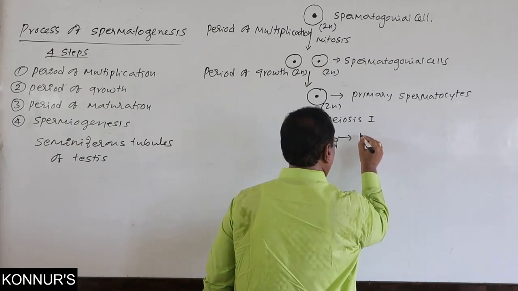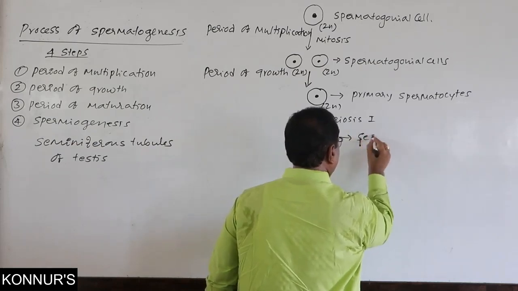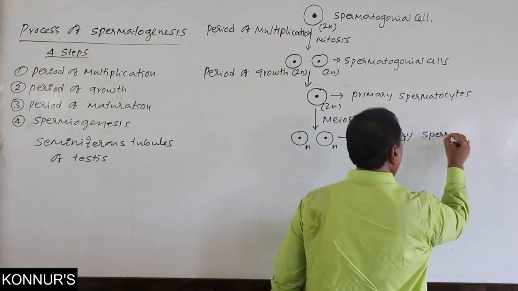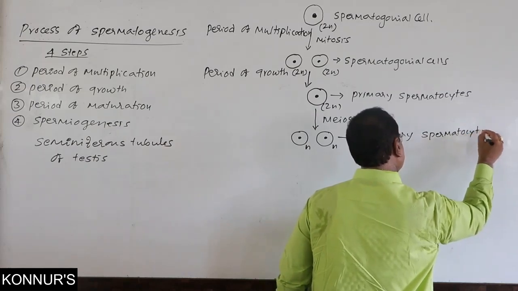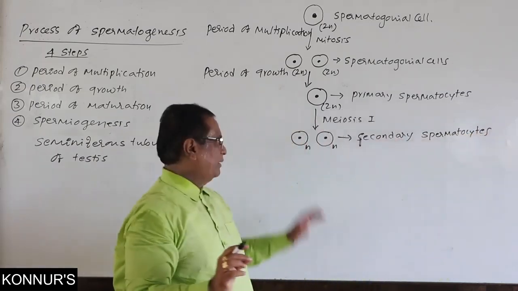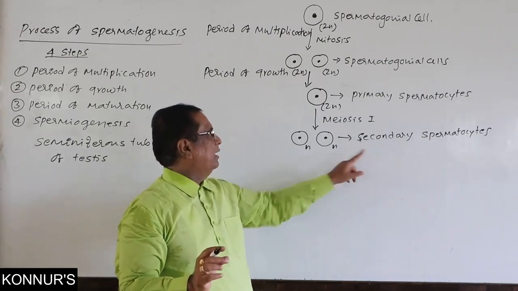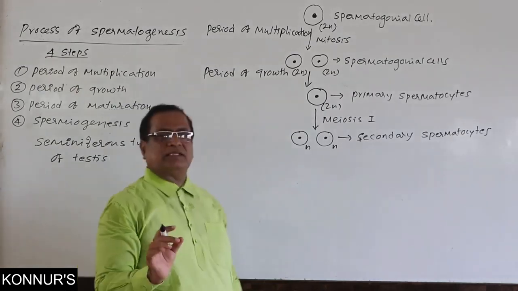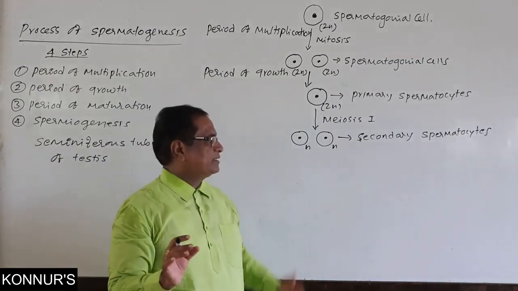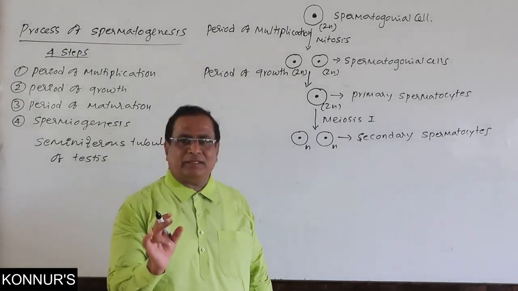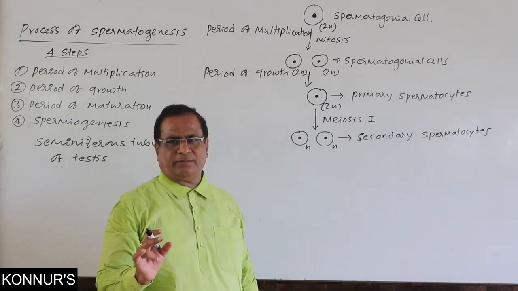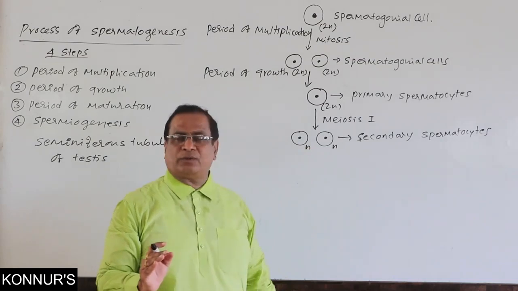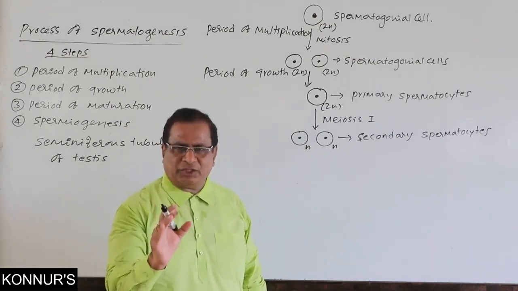These are none other than secondary spermatocytes. By meiosis first, a single primary spermatocyte gives two equal sized cells, named secondary spermatocytes, which are haploid in nature.